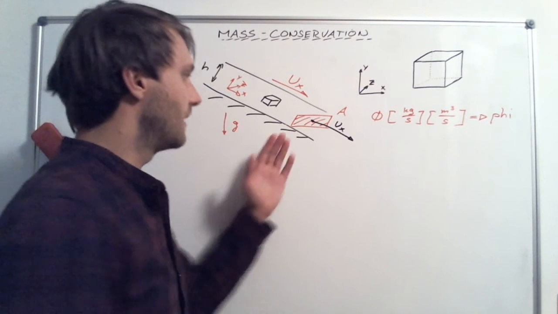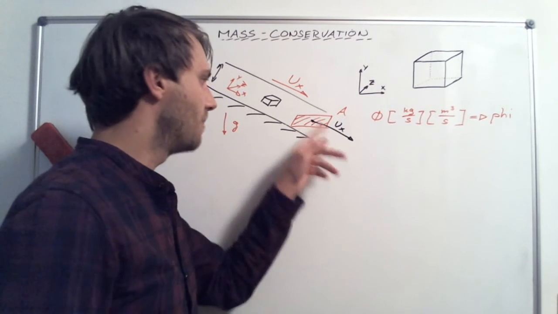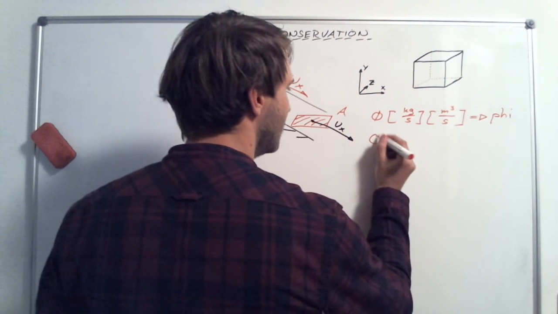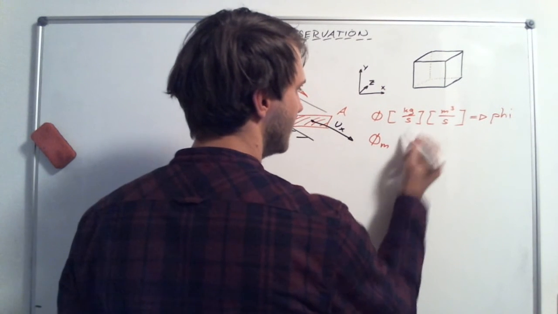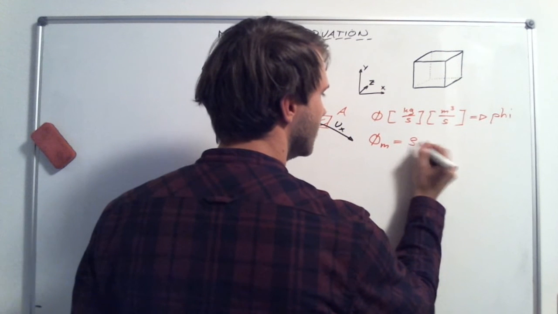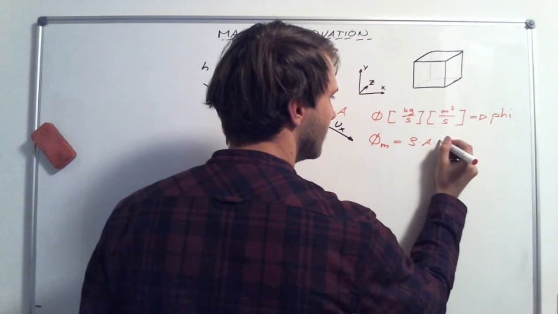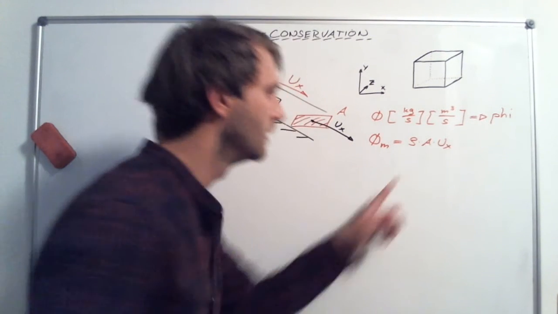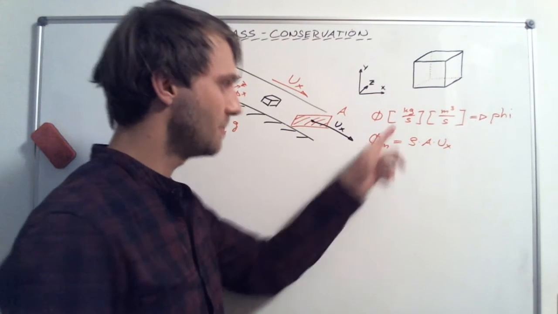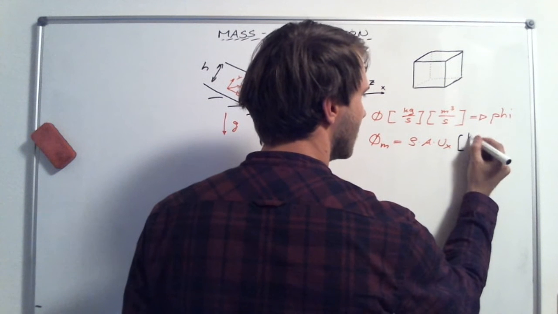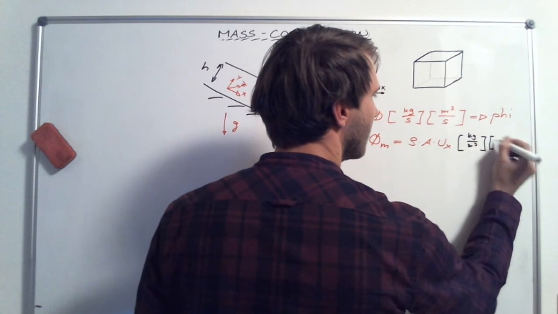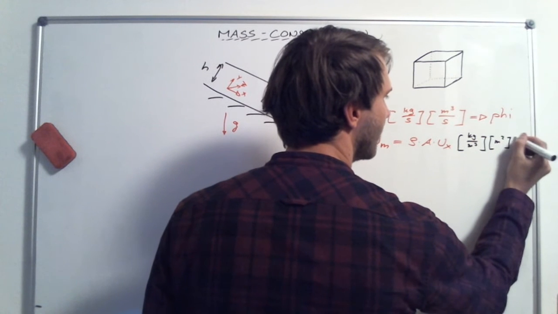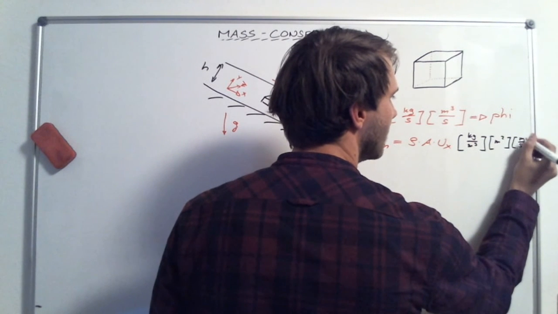If we are interested in how much water is going through this red marked area, we just calculate it. Vm is representing the mass flux, and this is the density multiplied by the area multiplied by the velocity in x direction. If you don't believe me that this is the mass flux, you can simply check the units. It's kilogram per cubic meter, square meter, and of course meter per second.